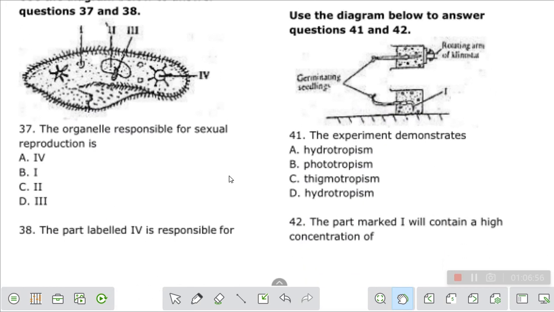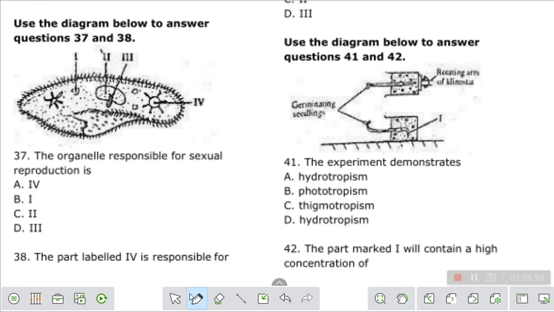So now, which organelle is responsible for sexual reproduction? That's what the question is asking us. Those two nuclei have two different functions.